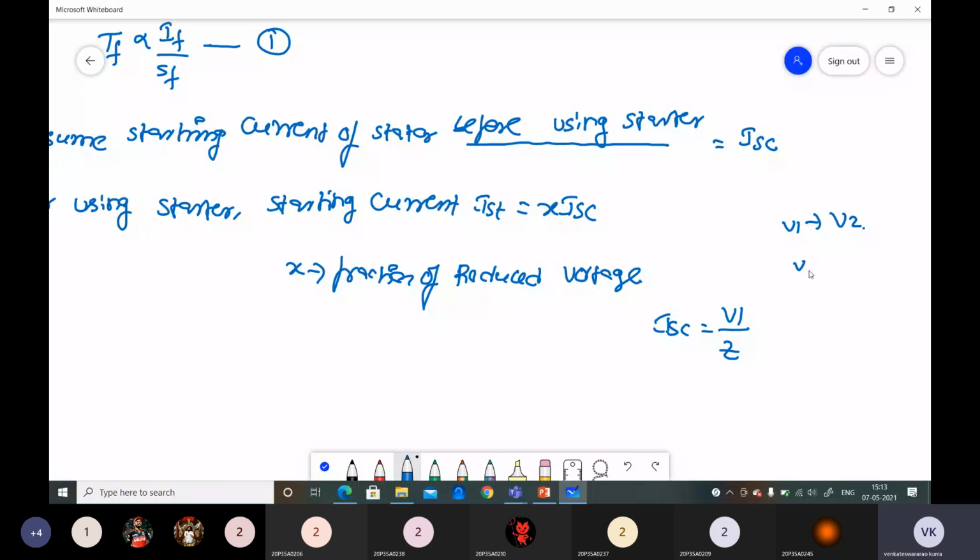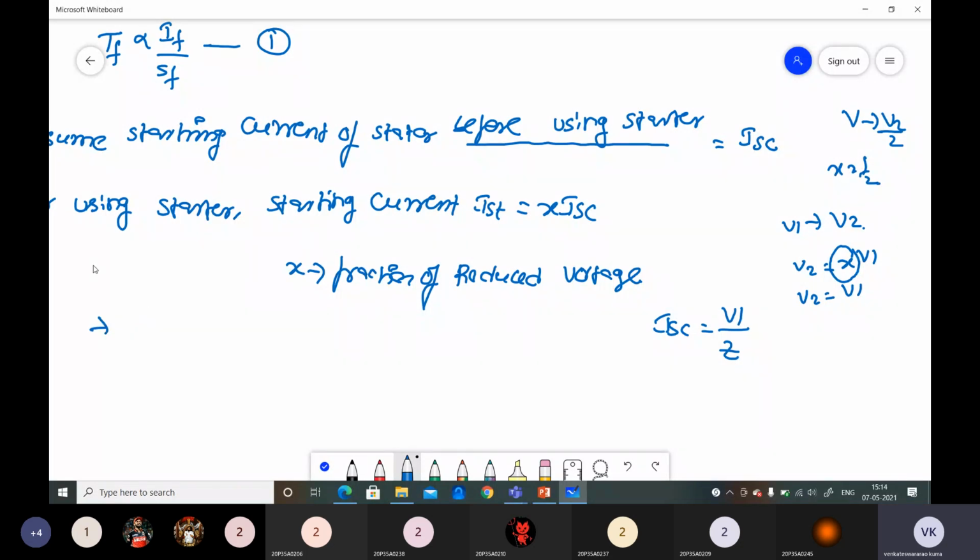So V2 is nothing but X times V1. Suppose initially you apply 100%, means X equal to 1, then V2 equals V1. Due to introduction of resistance, suppose V2 is reduced to V1 by 2, then X here equals 1 by 2.